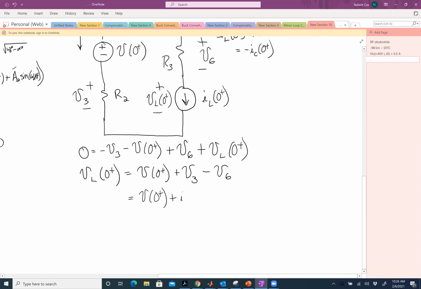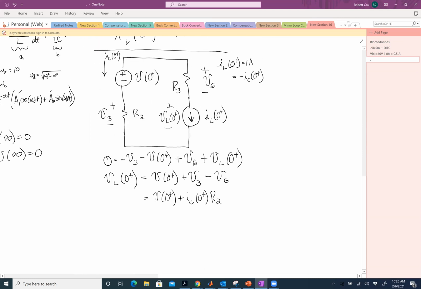V3 is plus IC of 0 plus times R2, because we defined it in terms of I sub C, and I sub C goes down. And then I have minus V6. So minus V6 was defined as minus IL times R3.